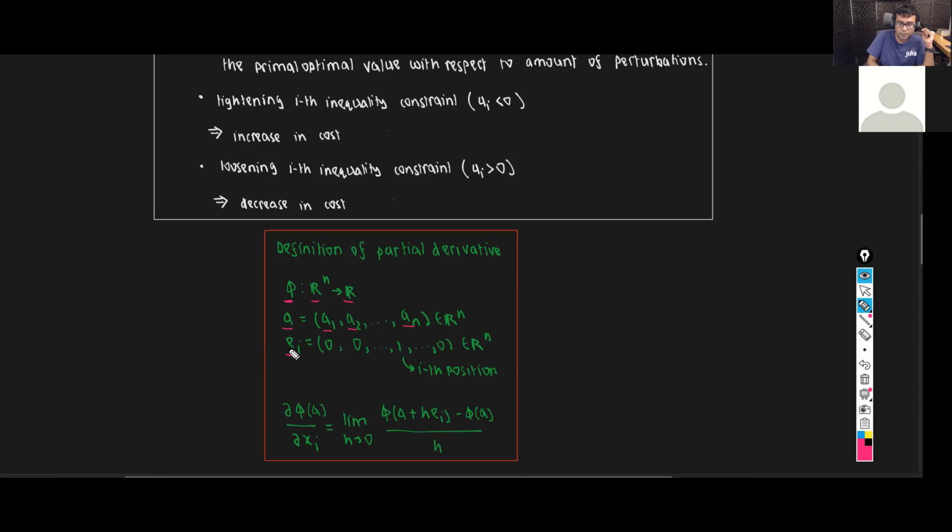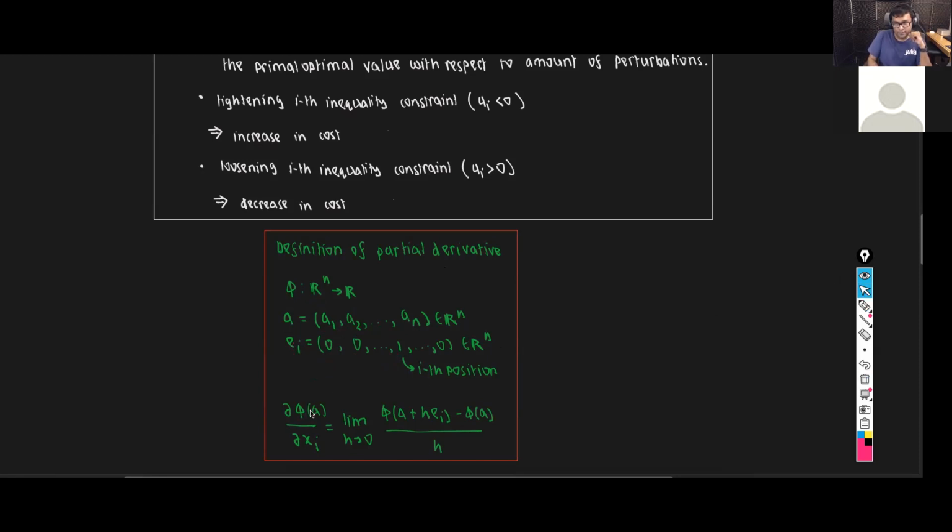Our notation ei denotes a vector with n components, where every element is 0, except in the ith position, we have a 1. This is a very standard notation.